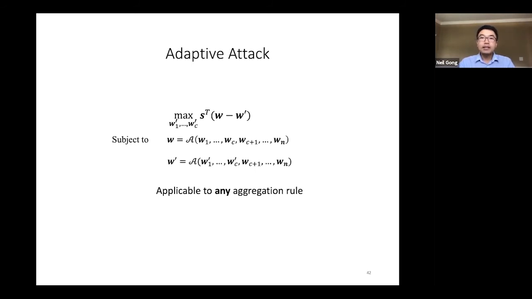Therefore, an attacker can construct an adaptive attack to FLTrust by replacing the aggregation rule A in this optimization problem with the aggregation rule of FLTrust. This is how we construct an adaptive attack to FLTrust.